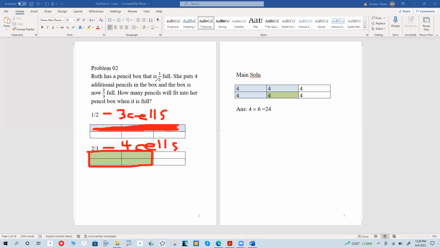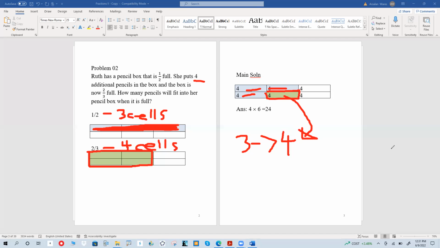The pencil box was already half full, so these were already there. And she added 4 more, and it turned into 2/3. So to go from 3 to 4, you have to fill in 1 cell, not 4 cells, only 1 cell. So Ruth's 4 pencils must have been that green cell. Does that make any sense?